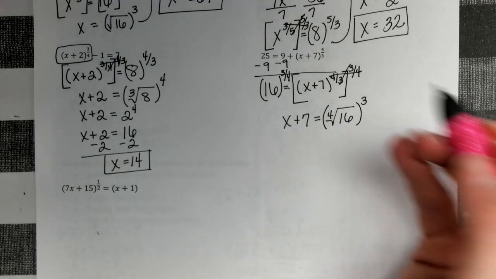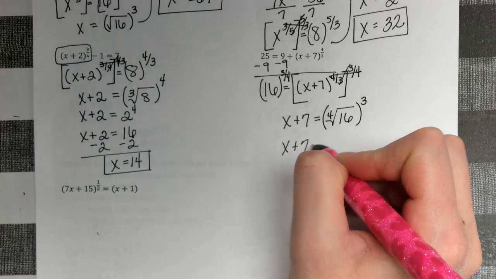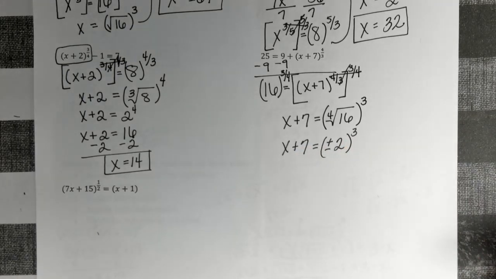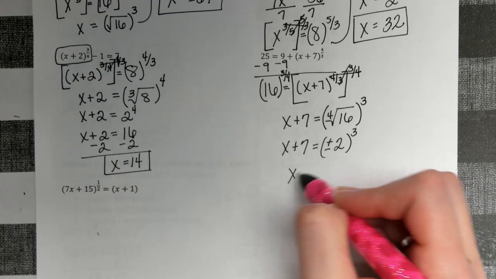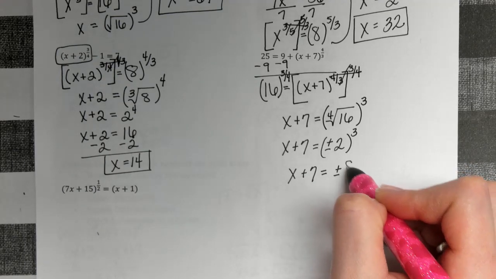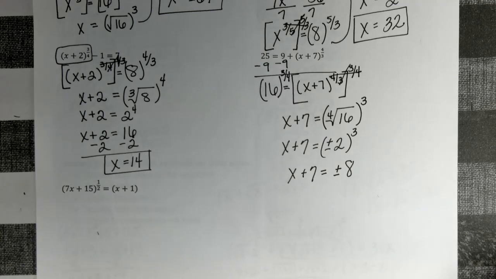Right? 4th root of 16 is what? Plus or minus 2 raised to the 3rd power. So x plus 7 equals plus or minus 8. If you forget that plus or minus, you're missing the other part of your problem. Okay?